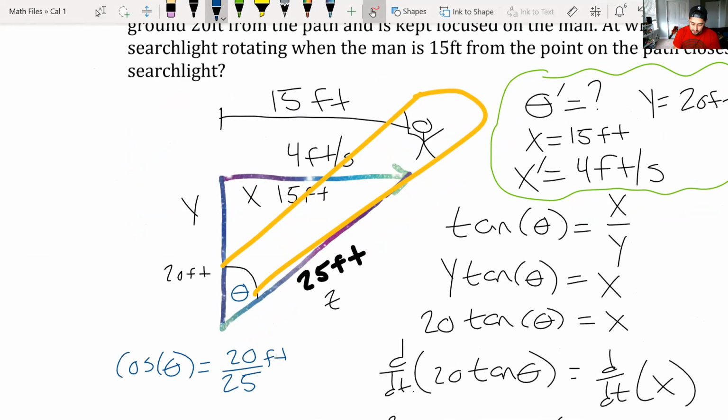And if I put the units of feet, they would just cancel. So cosine is 20 over 25, or divide by 5, you get 4/5. Okay, so that's what we'll plug in.